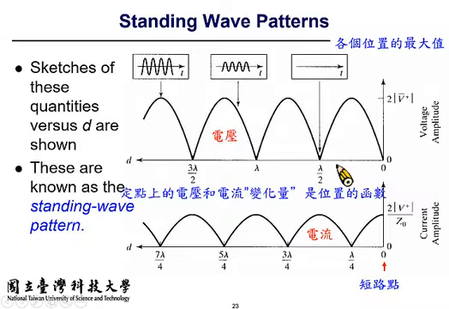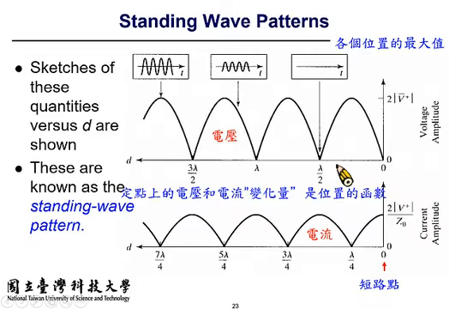The line above represents the maximum voltage observed at this position. So you see some up and down.